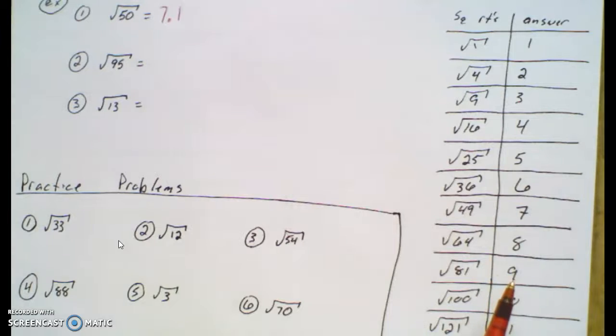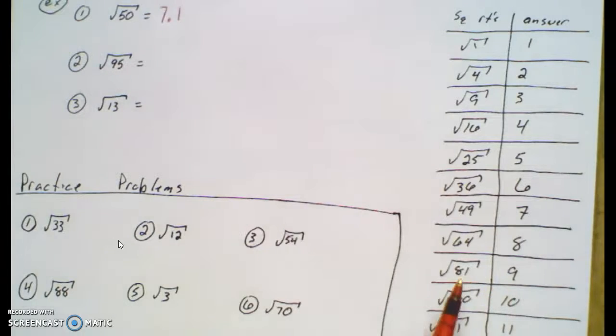So I know it's going to be 9 point something, because the numbers in between 9 and 10 are 9 point something, okay? And all I'm asking is, is 95 closer to 100 or is it closer to 81? Right? And it's 5 away from 100. It's more than 5 away from 81. So I know it's closer to 100. So I'm going to pick a number closer to 10 than to 9.